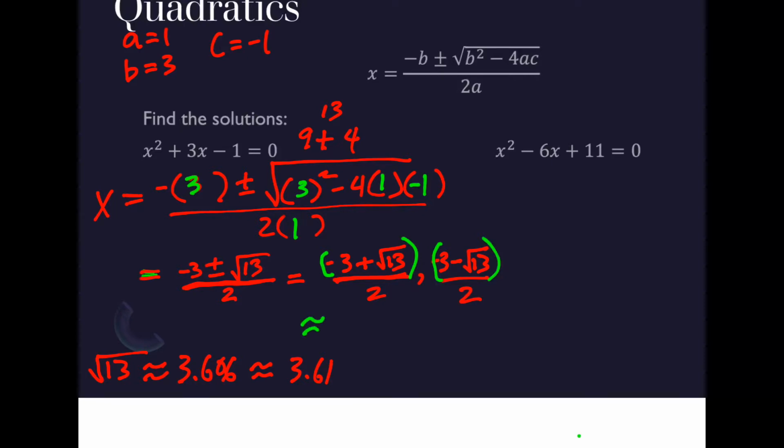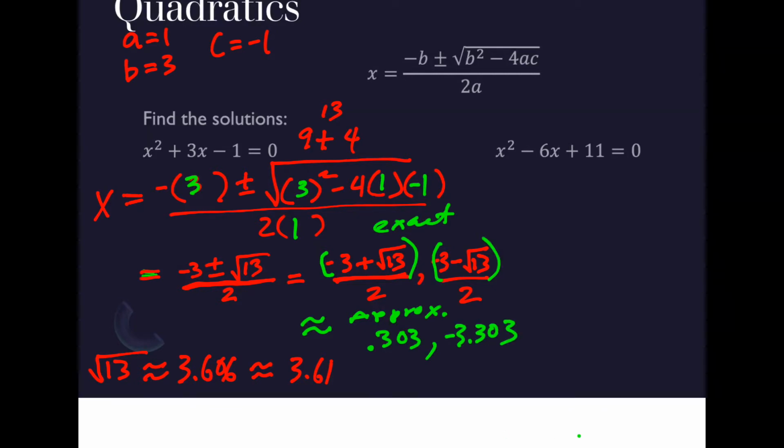So the approximate solutions, these would be my exact. The approximate means we rounded the square root. One of them is 0.303, and then -3 minus the square root of 13 divided by 2, -3.303.